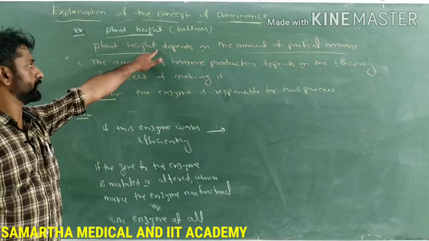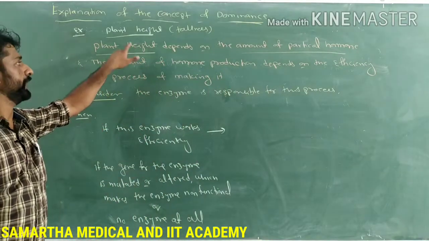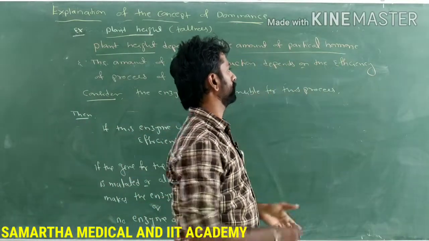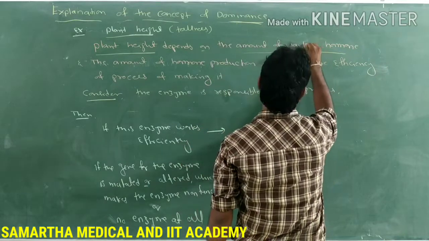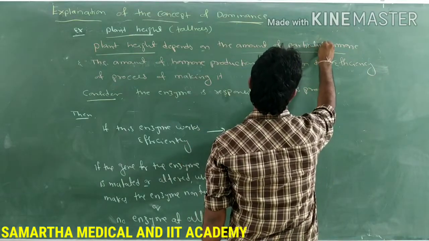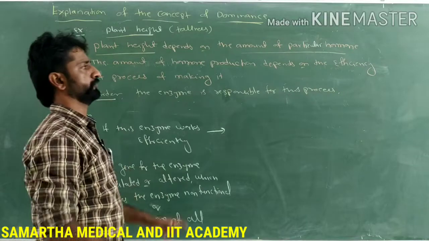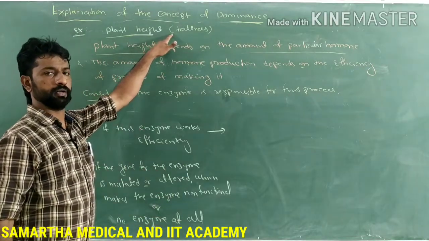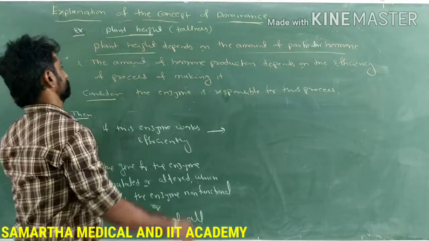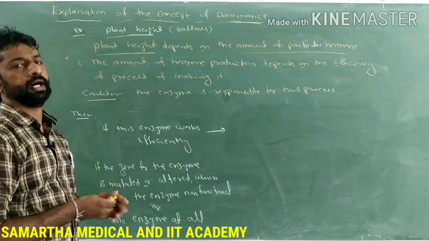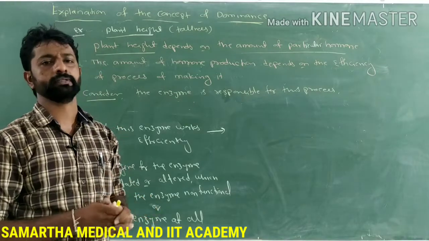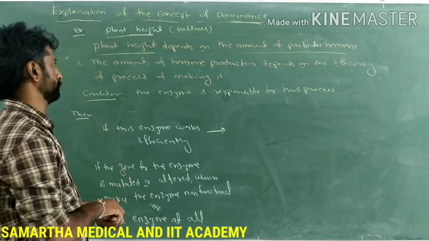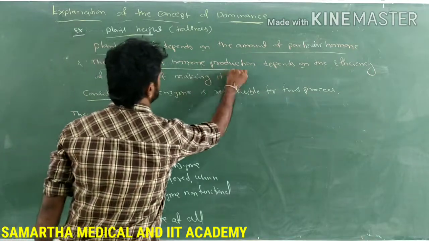The height of the plant will depend on the amount of a particular hormone. If the hormone is produced in maximum quantity, the plant will have more height or tallness. If the amount of hormone synthesized is less, the plant will have a short height or dwarfness.